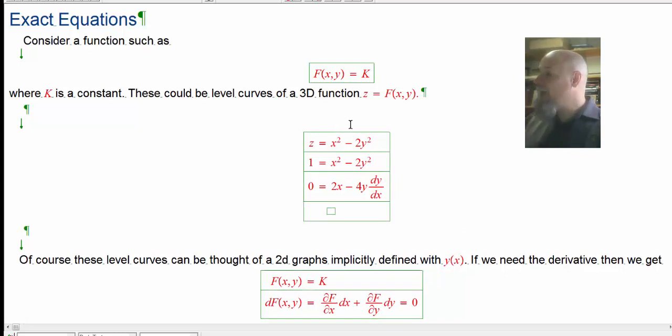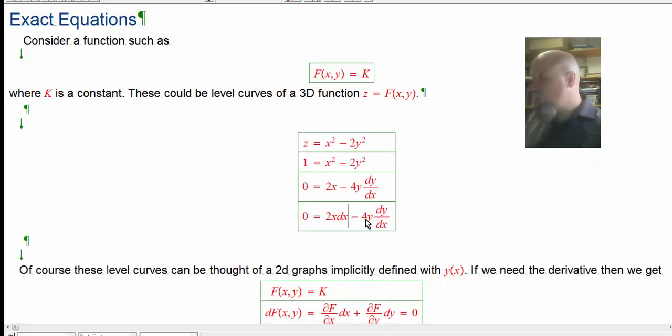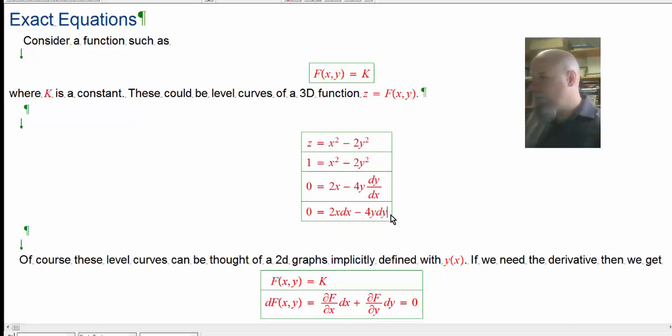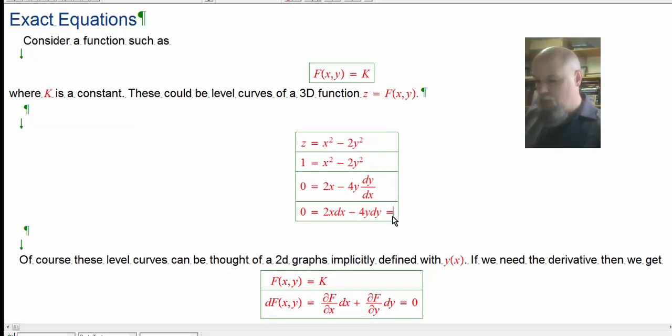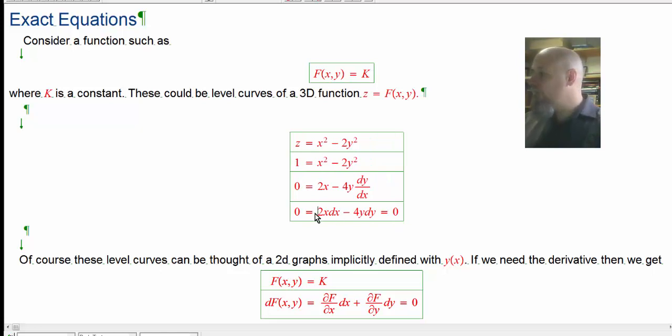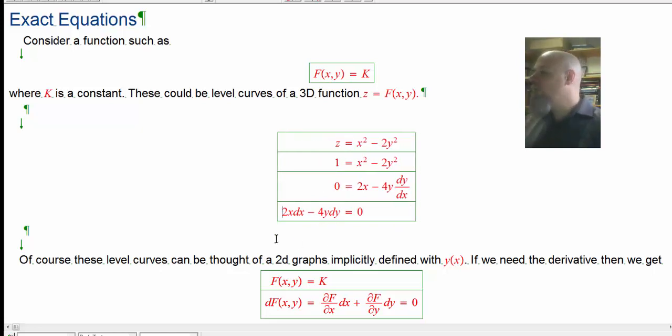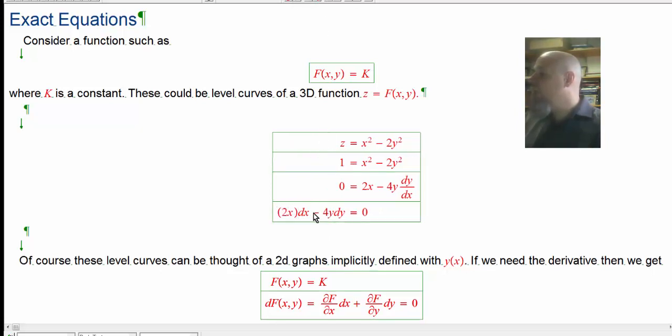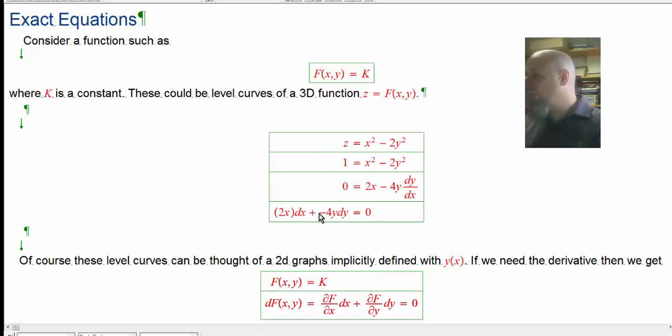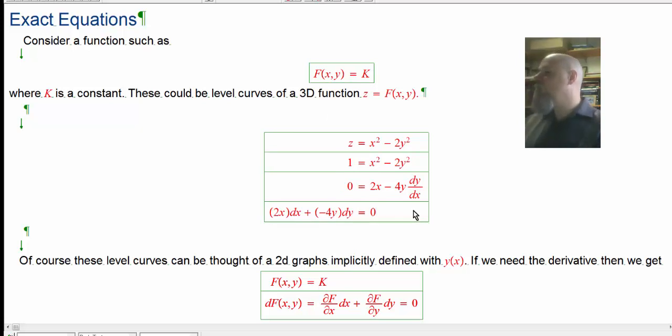If I write it like that, then I can take this equation and multiply the whole thing by dx. So now I've got this equation where I've got some function times dx, plus some function times dy is equal to 0.